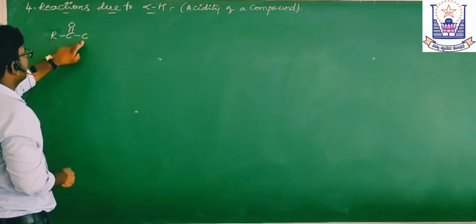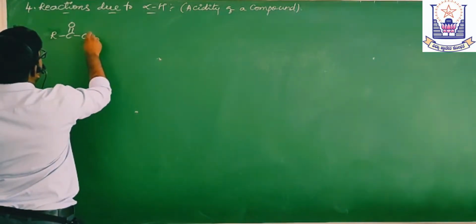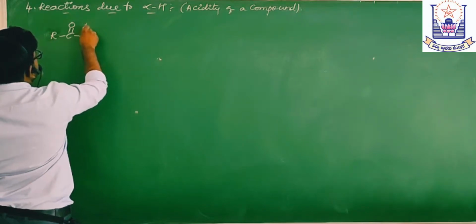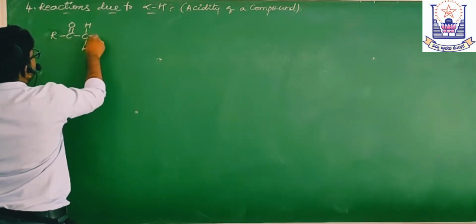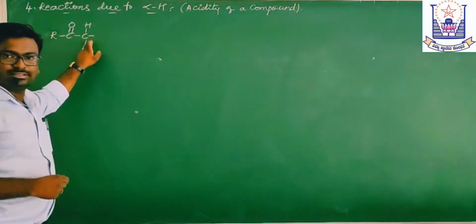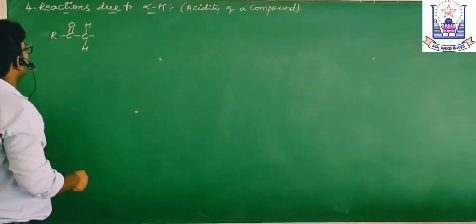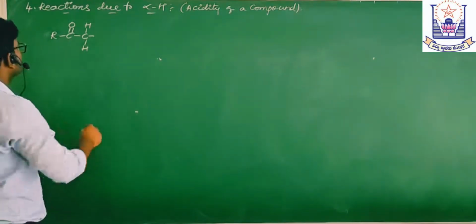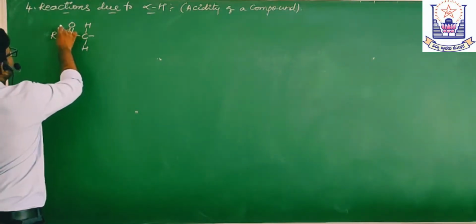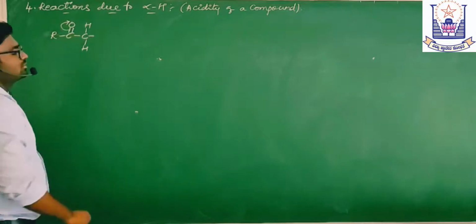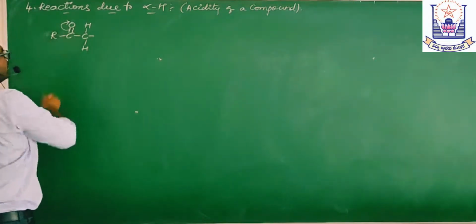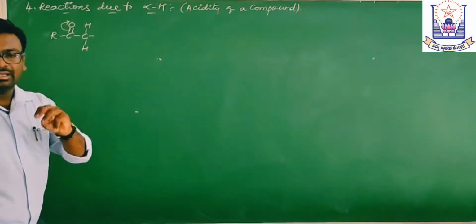Assume that here we have alpha carbon having hydrogens like this. It may be any group linked to this carbon. Now we know this carbonyl group is polar because the most electronegative oxygen is pulling electrons towards itself, so the carbon will lose the pi bond and becomes trivalent.